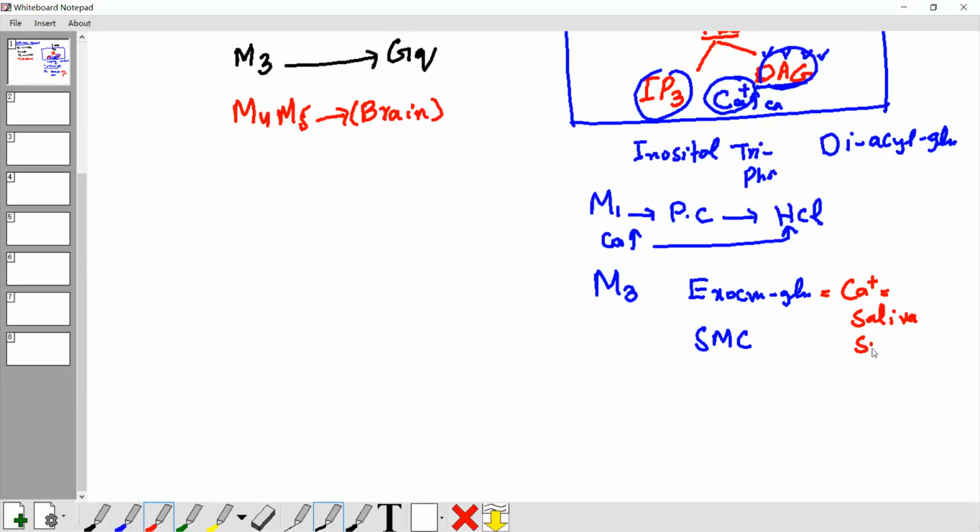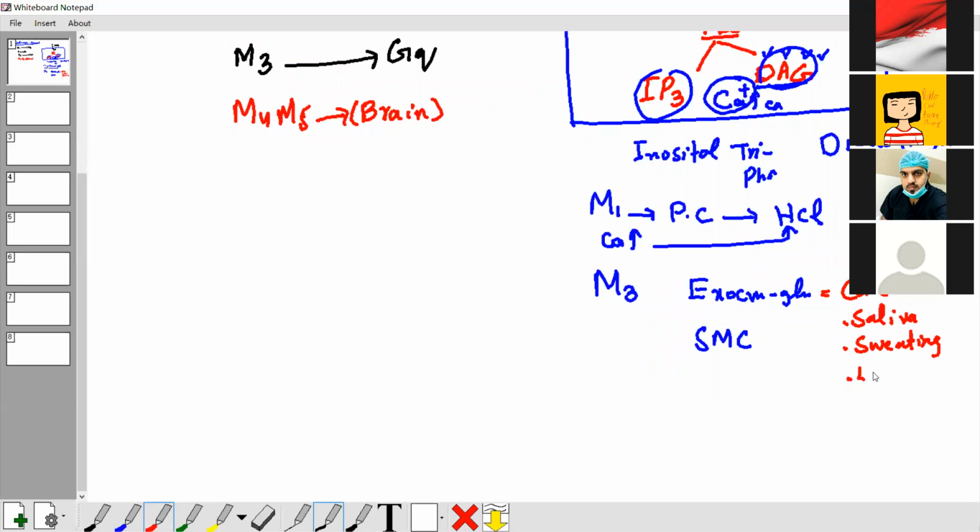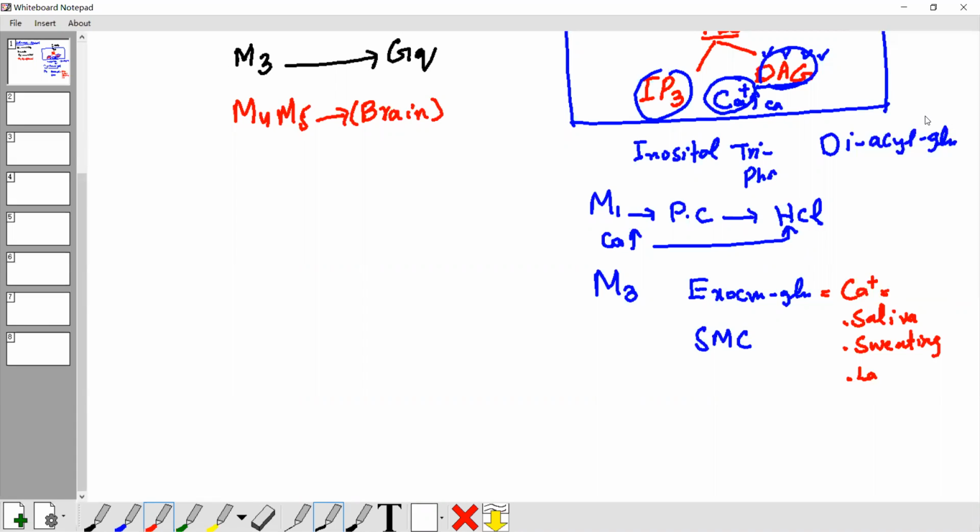Exocrine gland doing sweating. Yeah, sweat gland. Exocrine gland doing lacrimation in eye. Lacrimation, sweating, saliva.